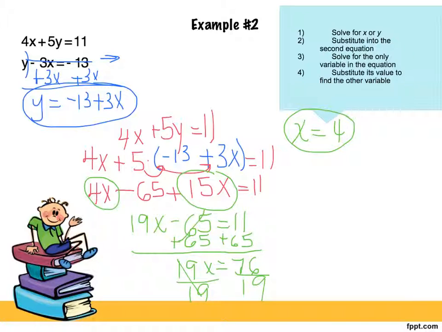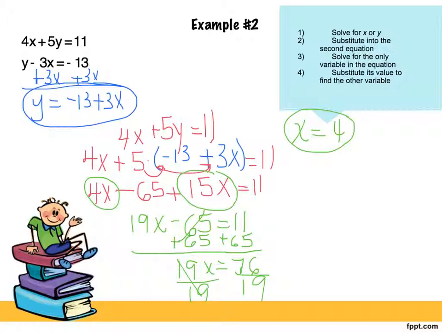Now I take a look at my other equation, or any equation. I could take a look at the original one we had here, y minus 3x equals negative 13, or I could use 4x plus 5y equals 11. Either one, doesn't matter.